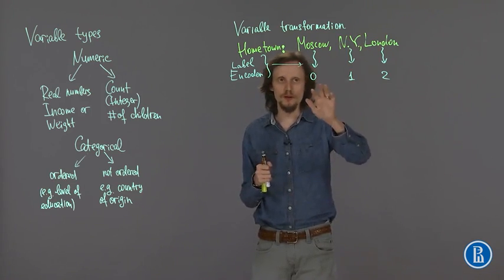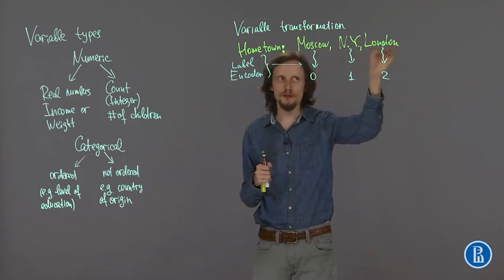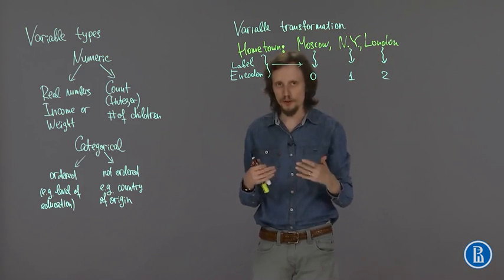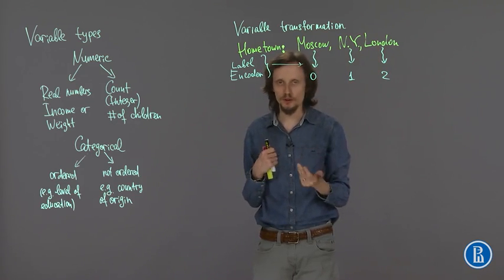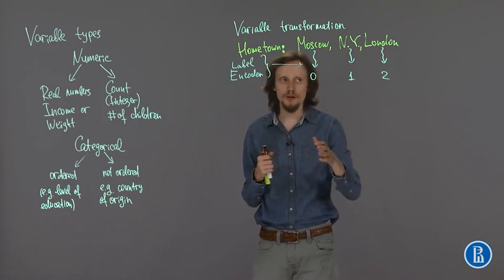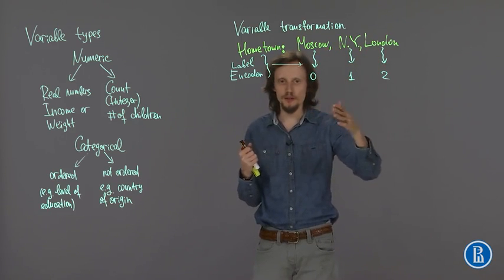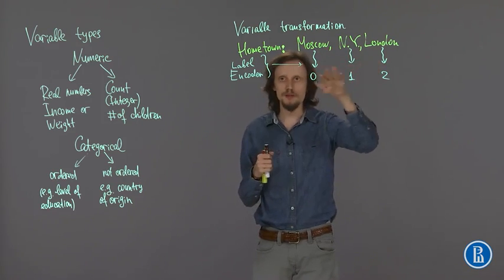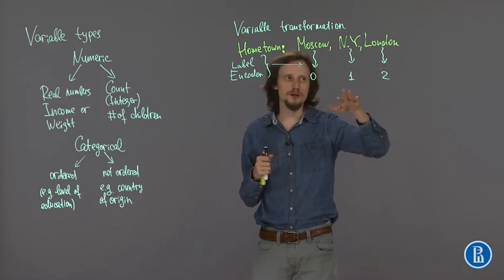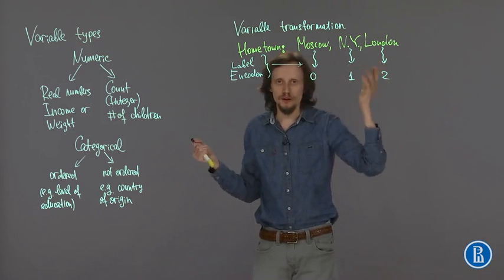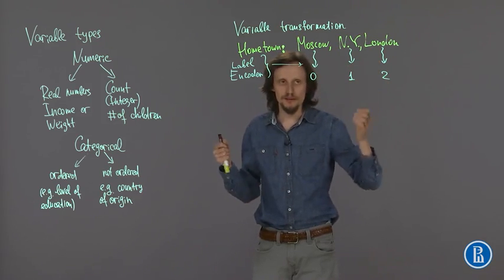Because when we denote these categorical values by numbers, we introduce some kind of relation between these values. For example, we can make some arithmetic operation with numbers or some comparisons. In this encoding, we see that London is larger than Moscow, in some sense.